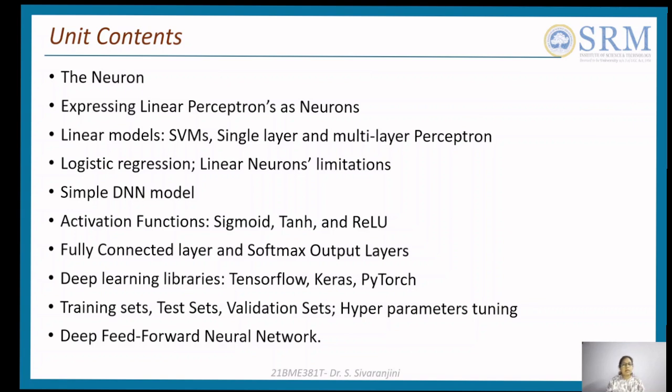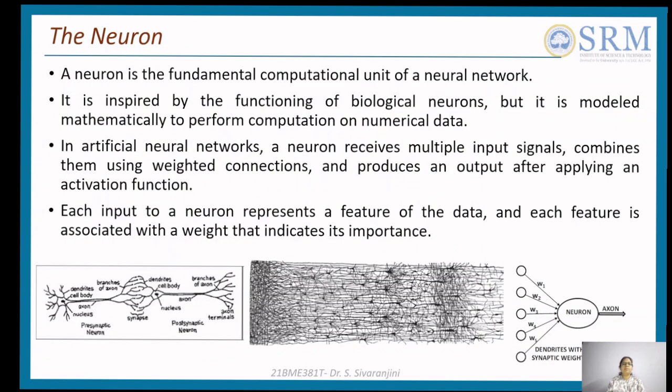We also cover the training sets, test sets, validation sets, and the hyperparameter tuning for each and every set. And a small example about the feed-forward neural network and how it works. So, getting into the contents of this module, we have the neuron.